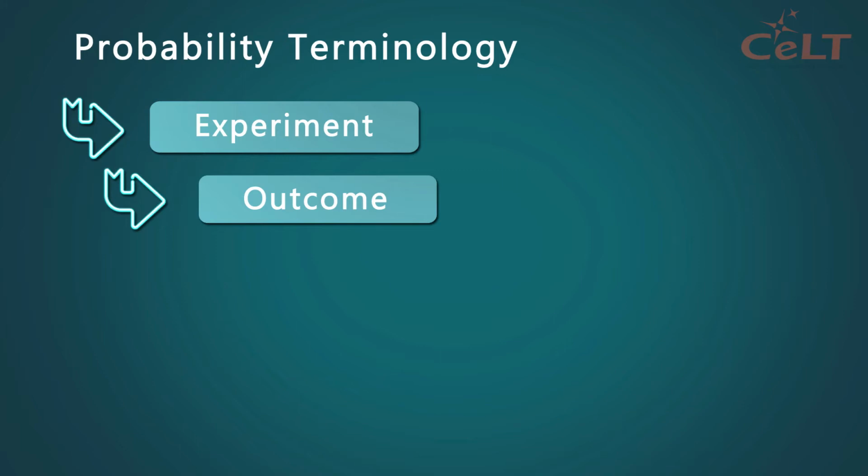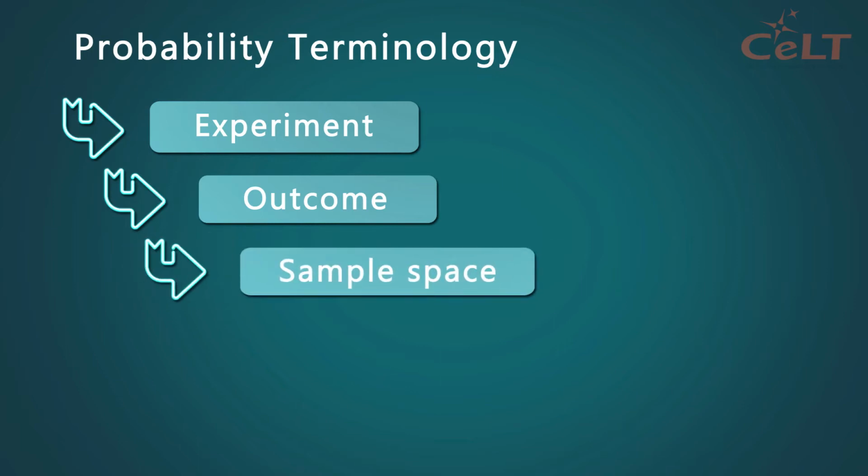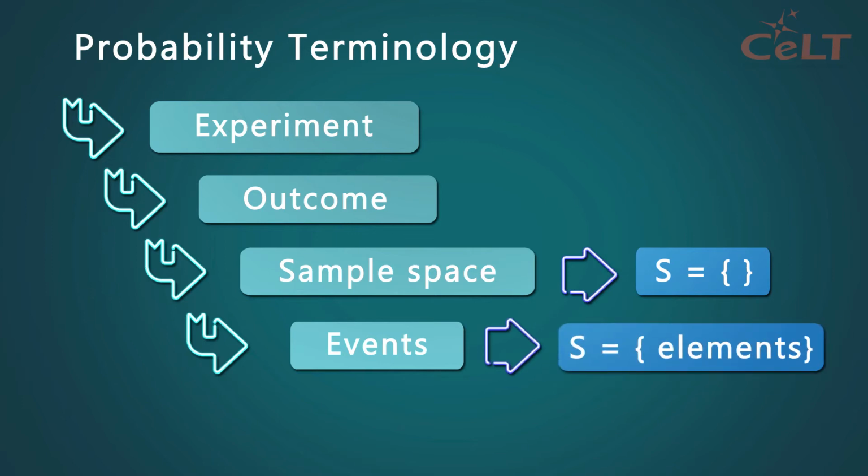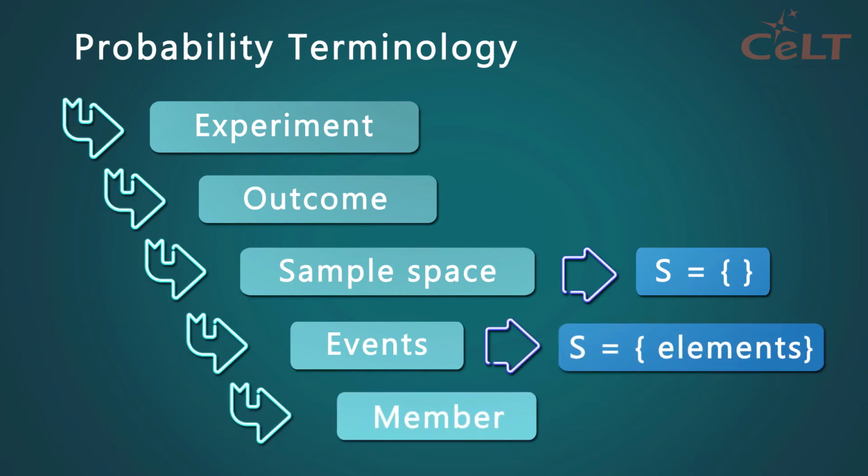All possible outcomes of an experiment are called the sample space. The sample space is denoted as S. An event is a set of outcomes which satisfy a specific condition. The members of the sample space and the number of elements in the sample space are denoted as n(S).